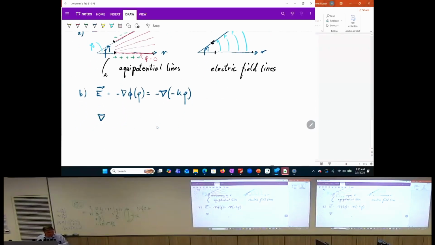For that, you have to look in your mathematical formula sheet, and you'll find that this is the partial derivative of phi with respect to r, that is the r component, then 1 over r d phi.